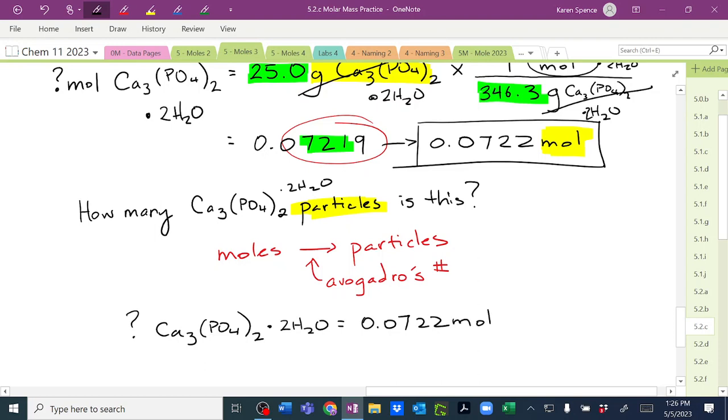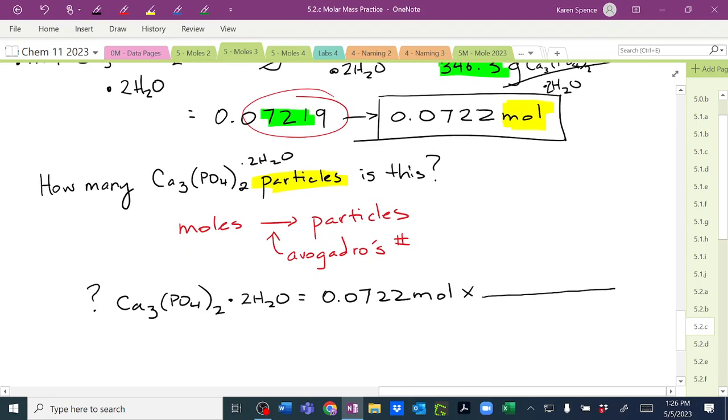I'm going to get lazy here and not write the compound, because I can say that there are, what do I want on the bottom of my conversion factor? Moles. And what do I want on the top? The Ca3(PO4)2·2H2O particles. Okay. Whew.